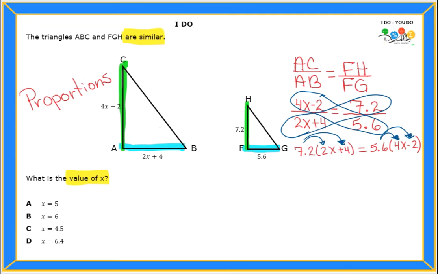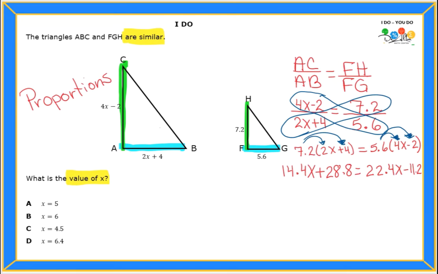So I'm going to have 14.4x plus 7.2 times 4, which gives me 28.8. On the right, 5.6 times 4x gives me 22.4x minus 5.6 times 2, which is 11.2.